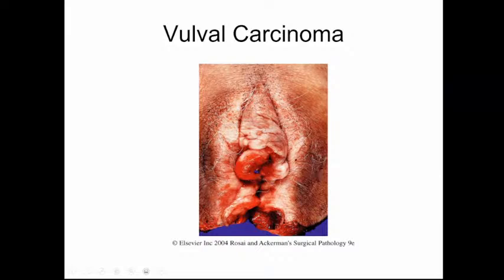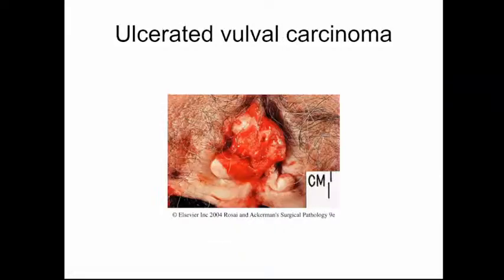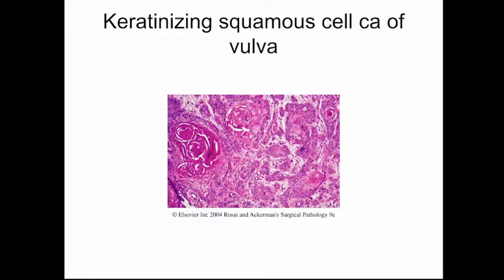And again, labia minora and clitoris. And in general, it tends to be well-differentiated keratinizing squamous cell carcinoma. And here in this histological section, you can see the keratin pearls and nests of infiltrating malignant cells.